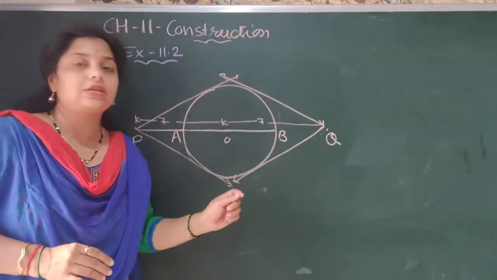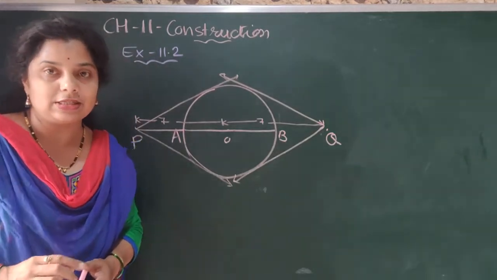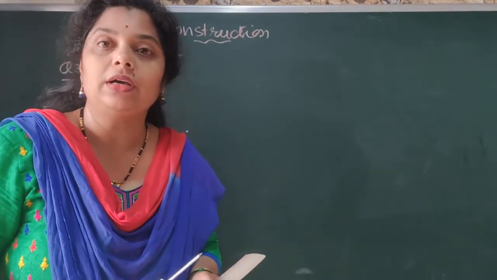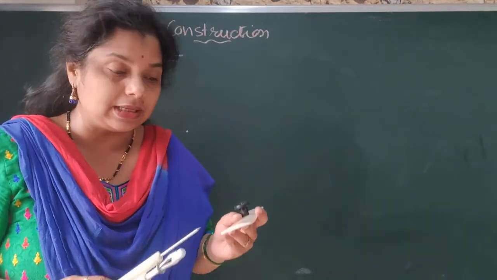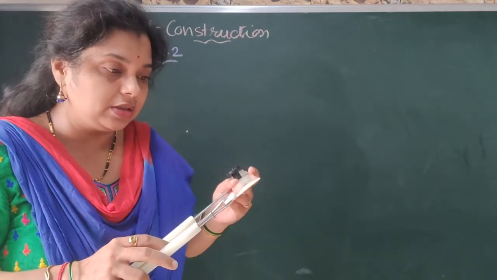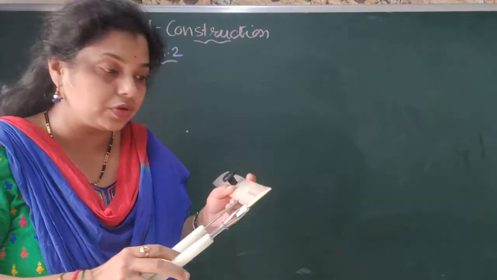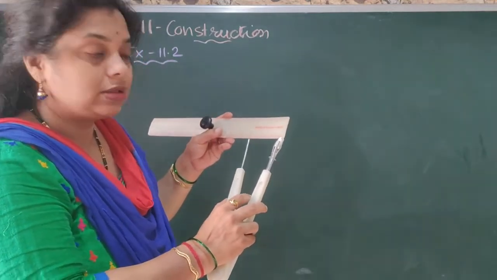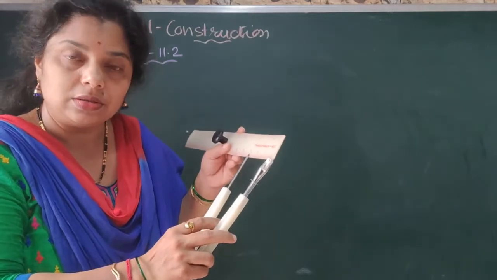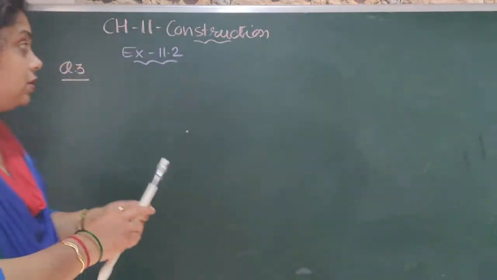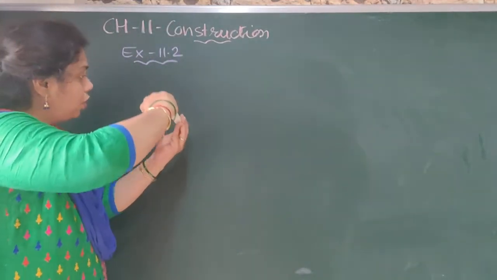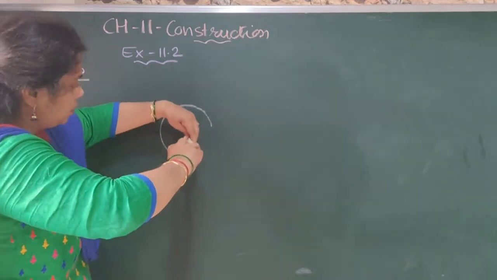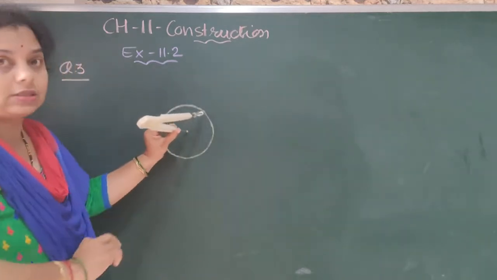So now we are going to do the actual construction. Let's start. As it asks to take a radius of 3 centimeter and draw the circle, first of all, using scale and compass, we have to take a radius of 3 centimeter, and with center O, or any alphabet you can take to denote the center, draw a circle.